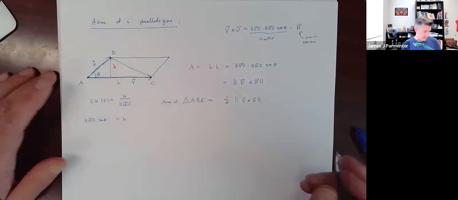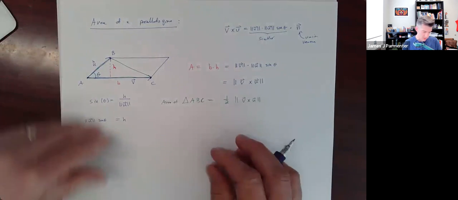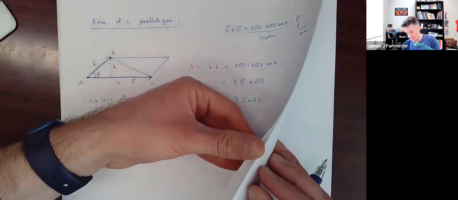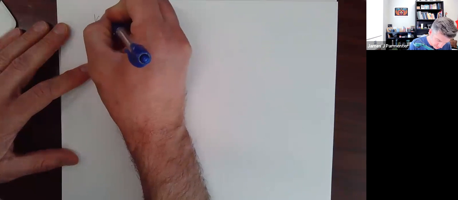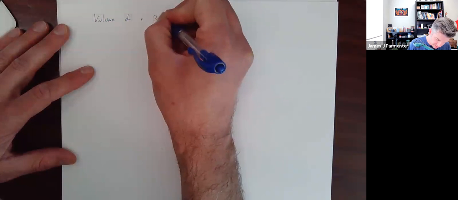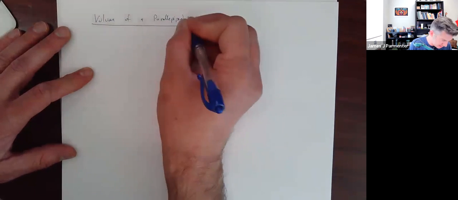And then lastly, we can talk about the volume of a parallelepiped, which is a little bit annoying, but it's fine. There are also good pictures of this in your book. So let's say we want to find the volume of a parallelepiped. A parallelepiped is just like a three-dimensional box, except it doesn't have to have right angles. It can be kind of slanty.